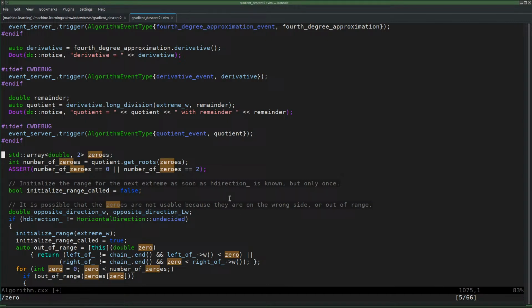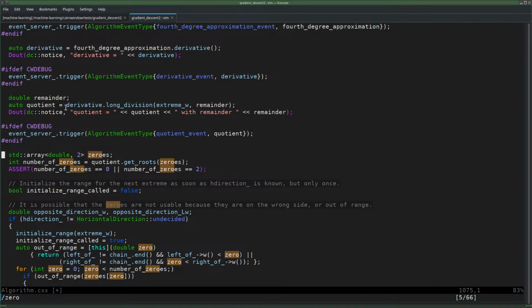I already renamed this from get zeros to get roots. This does get the roots of the quotient. And the quotient is the derivative long divided by W minus the extreme that we already found. So it's really a part of the derivative.